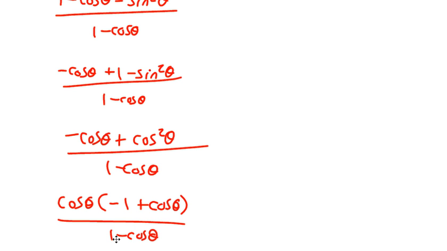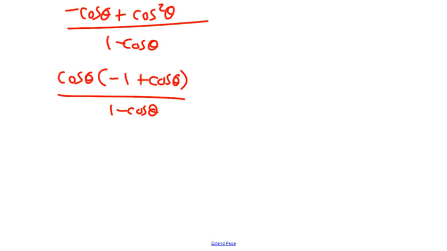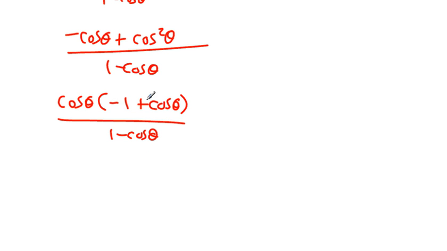Oh, check this out. These are almost the same. But this is a negative 1, and that's a positive 1. That's a positive cosine, that's a negative cosine. If you ever have that case, then you have to factor out a negative 1. So I'm going to factor out a negative cosine theta, which means this now becomes a positive 1, and that becomes a negative cosine.